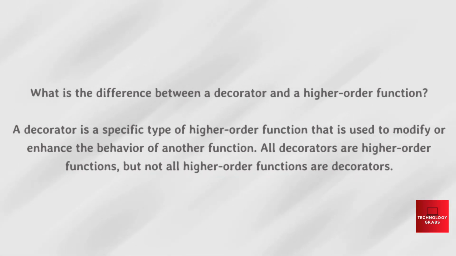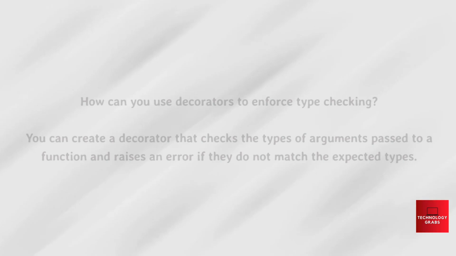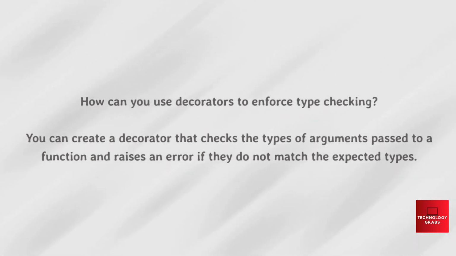What is the difference between a decorator and a higher order function? A decorator is a specific type of higher order function that is used to modify or enhance the behavior of another function. All decorators are higher order functions, but not all higher order functions are decorators. How can you use decorators to enforce type checking?